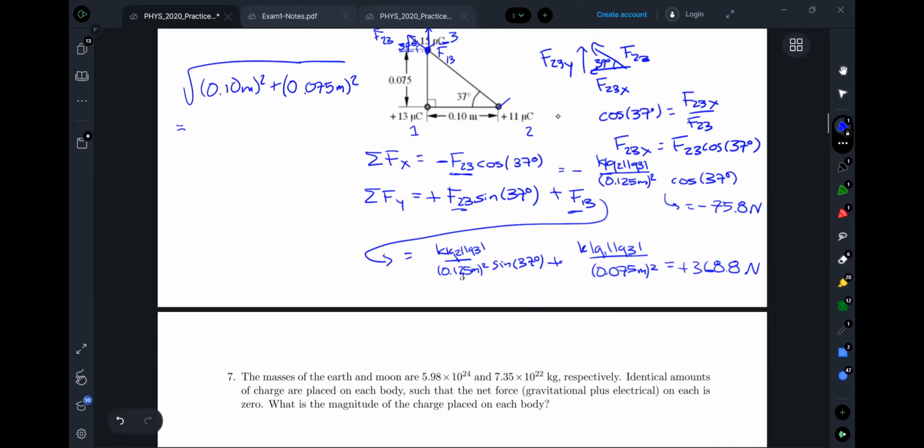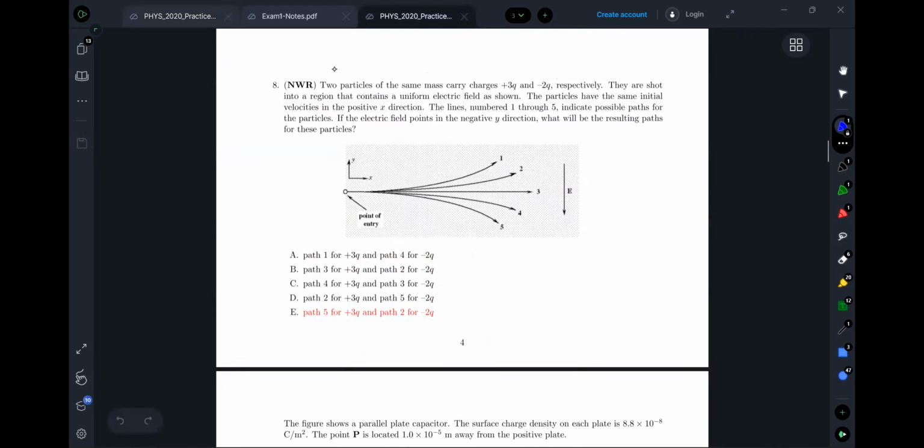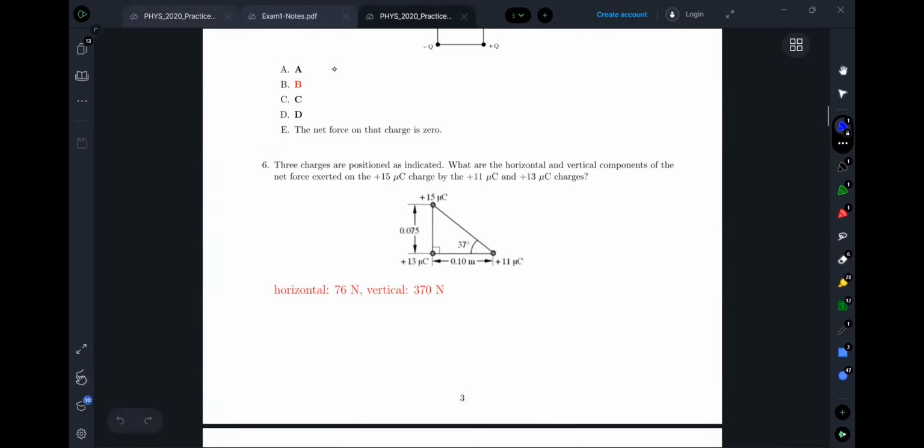So let's check that. It's highly possible I missed something. Okay, 76 and 370.